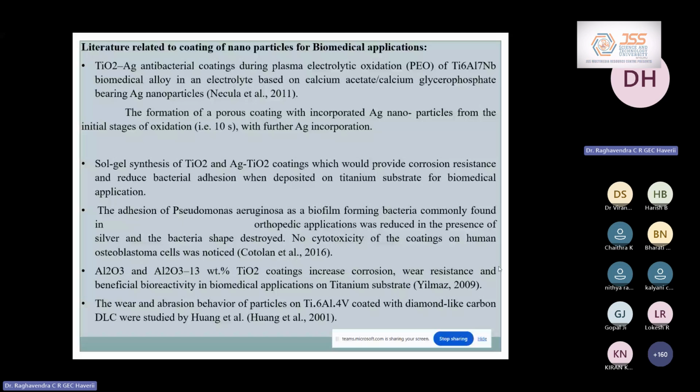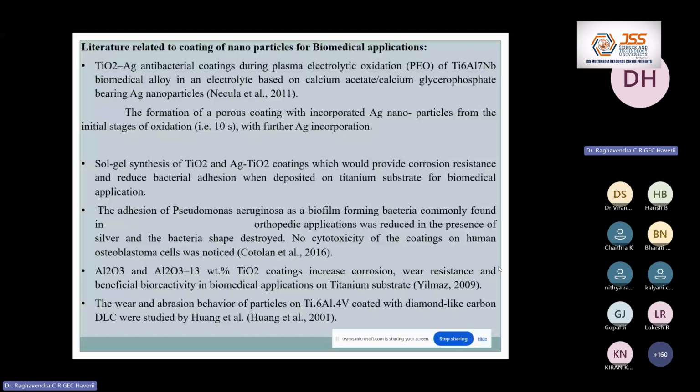These carbon coatings possess the highest hardness and wear resistance.